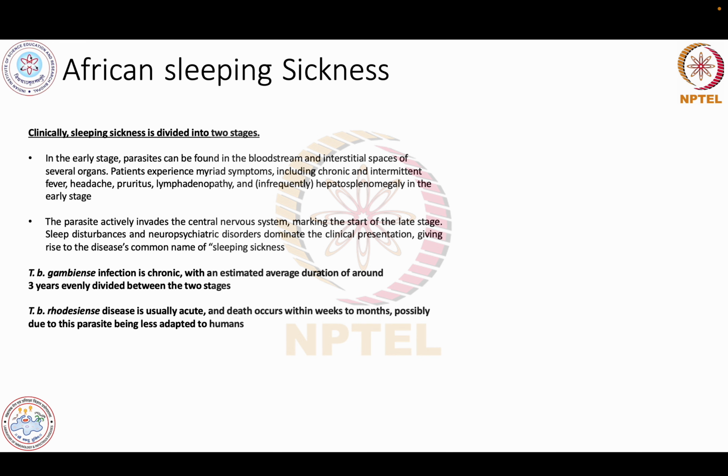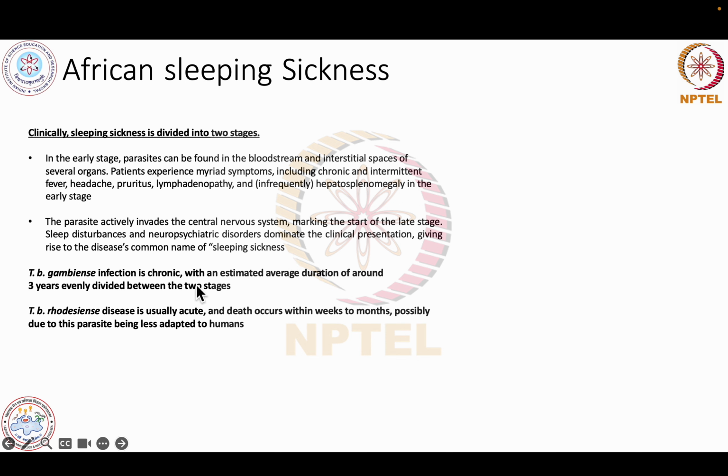The parasite actively invades the central nervous system, marking the start of the late stage. Sleep disturbances and neuropsychiatric disorders dominate the clinical presentation, giving rise to the disease's common name of sleeping sickness.